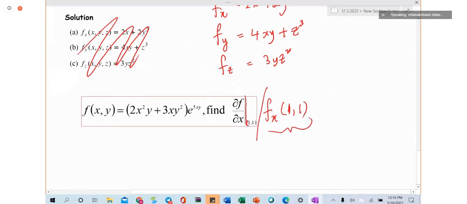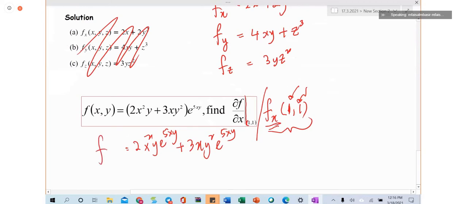So this is the equation. The main thing is you have to find the differentiation first, and then from the result of the differentiation, you have to put the value of x and y. So here, you have to expand: 5xy, then 3y² e^(5xy). Now, you have two functions here, polynomial and exponential.